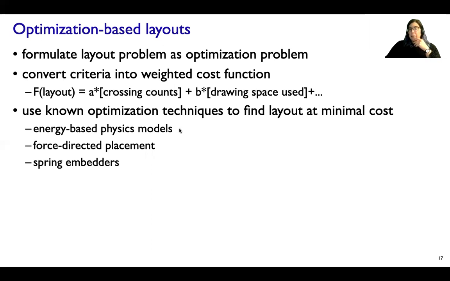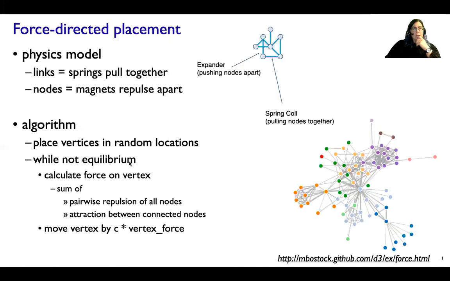Sometimes these are called energy-based models, sometimes force-directed placement, or spring embedders. A lot of these are trying to have analogies to physical systems. One of the most common forms out there, force-directed placement, is a physics model where you think of this very concrete physical analogy.